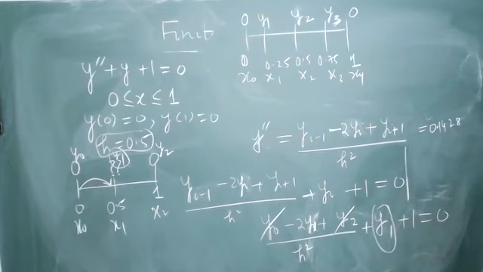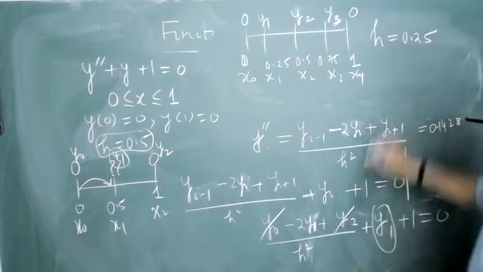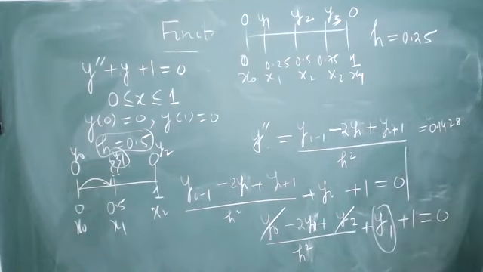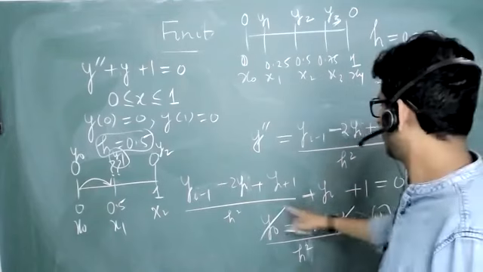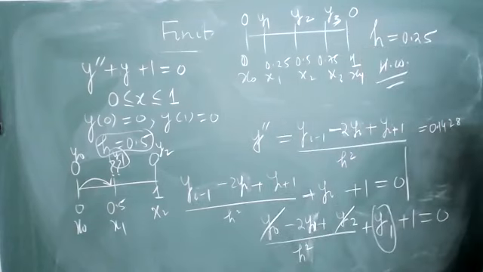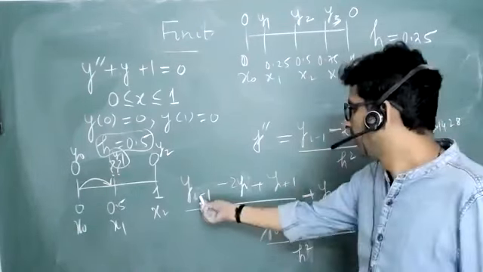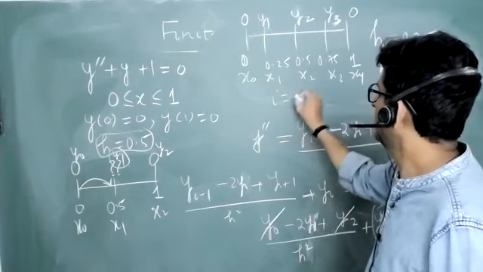Everybody understood this? The h value is 0.25. So I am giving this as homework. When you write this equation with its help, first you will take i equal to 1 and make an equation. It will involve y0, y1, y2. But here the grid goes up to y4, so you will assign the next values.